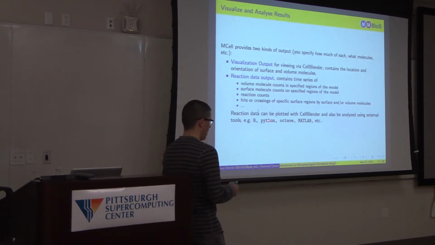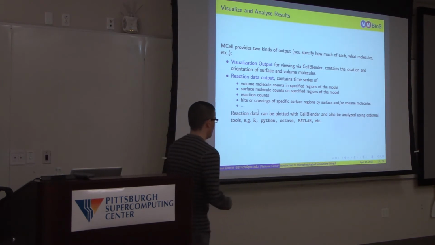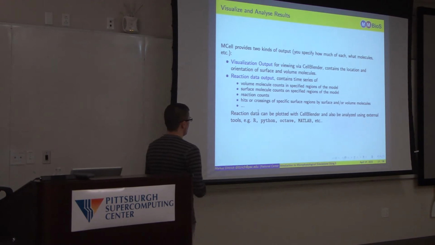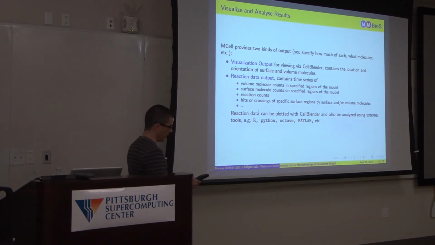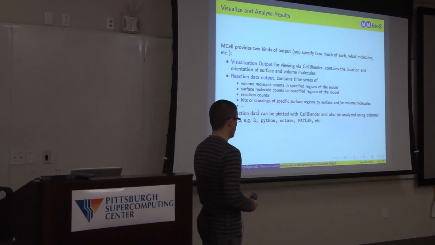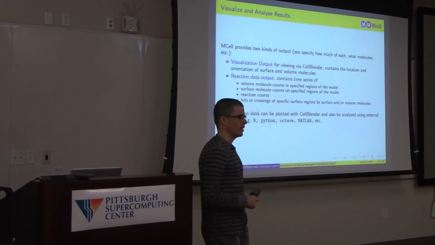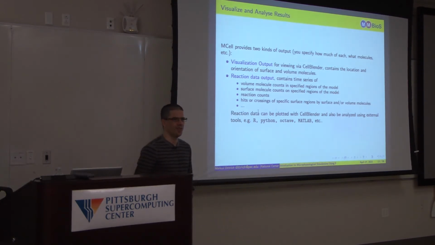You can use R, Python, Octave, MATLAB, whatever you have. Depending on the amount of output that you have, it's probably good to develop some kind of automated way to analyze your data in a simple fashion. I use R a lot personally, but people like to use whatever they like.